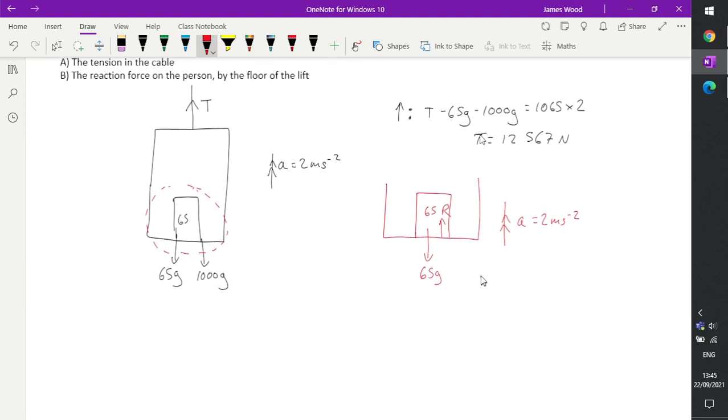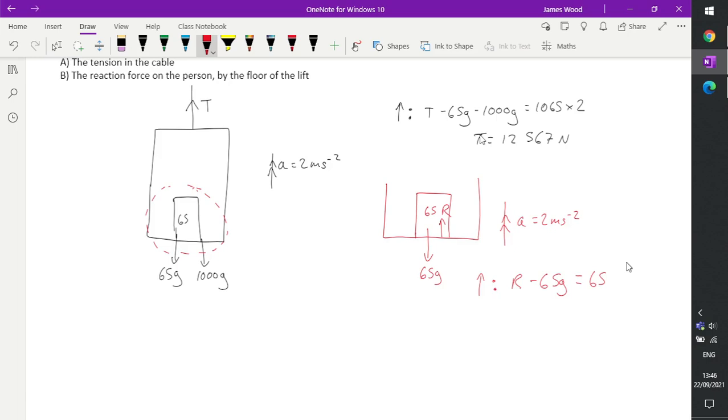We can resolve our forces upwards. So the upwards force on the person is force R, the reaction force from the floor, minus 65G equals their mass, which is 65 times A. So if they were stationary, just stood on the floor, and they weren't accelerating, that would be 65 times 0, and then you could see that R would then be 65G, the same as their weight.